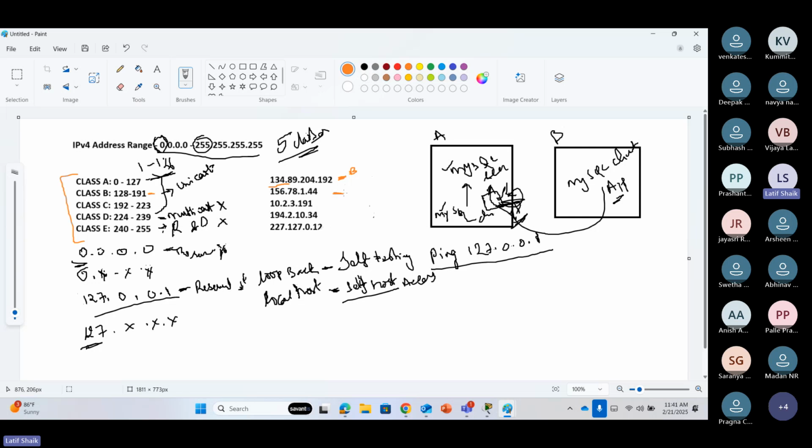Now tell me for the second one, 156.78.1.44. Class B only. Why? Because it's between 128 to 191. Next, 10.2.3.191. Class A. Very good.